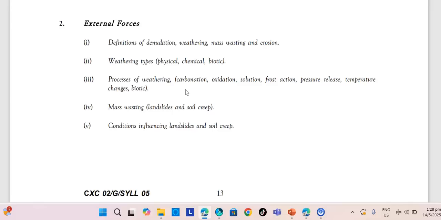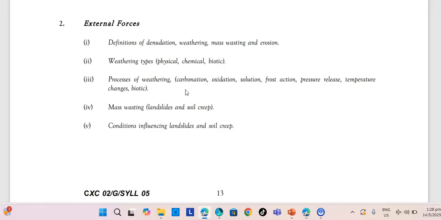So we have carbonation, which is also chemical weathering. Rainwater, as we explained before with chemical weathering, mixes with carbon dioxide in the air to form a weak acid. This acid dissolves rocks like limestone.